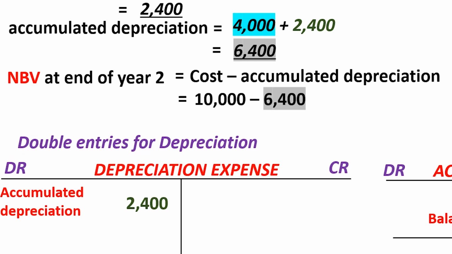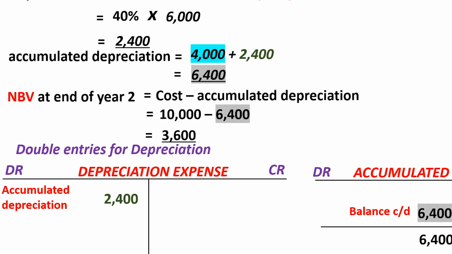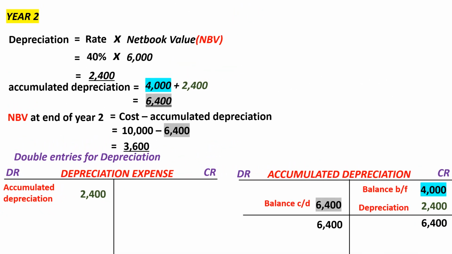And so this fixed asset at the end of the second year is going to have 3,600 as its net book value.